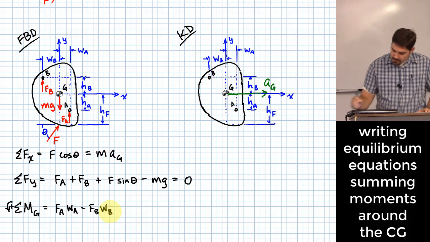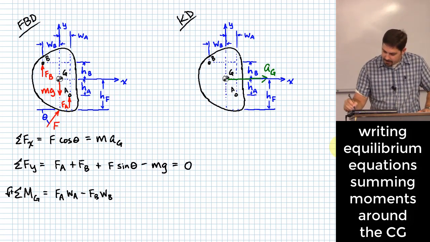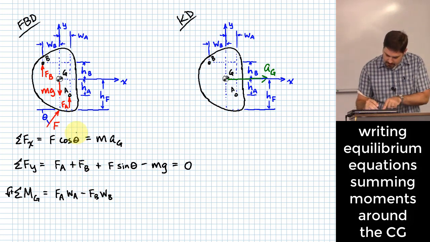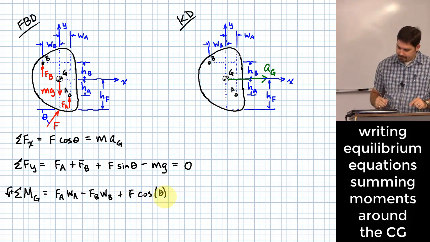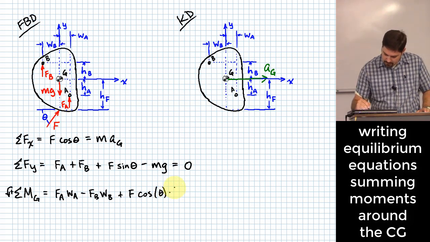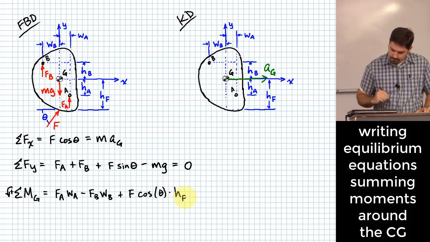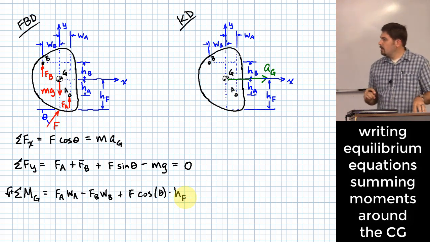Okay. So I need to deal with my F term that I have down here. That would create a positive F times the cosine of theta times what? HF. Okay. What else?